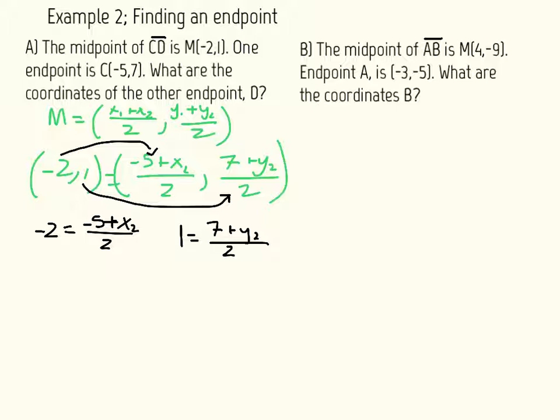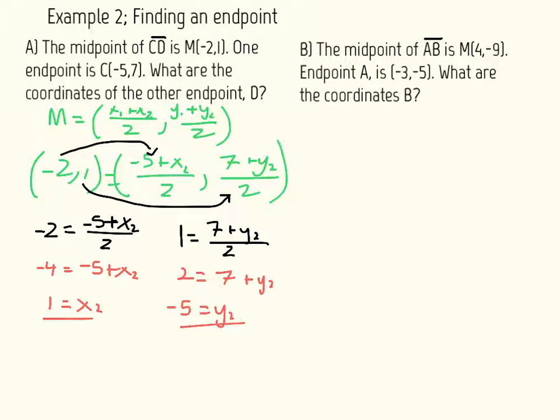So multiply by 2, I get -4 equals -5 plus x sub 2. Add the 5 over and I get 1 equals x sub 2. Next part, I'm going to multiply by 2 and give me 2 equals 7 plus y sub 2. Then I'm going to subtract the 7 over and get -5 equals y sub 2.